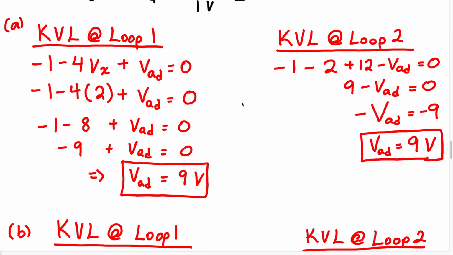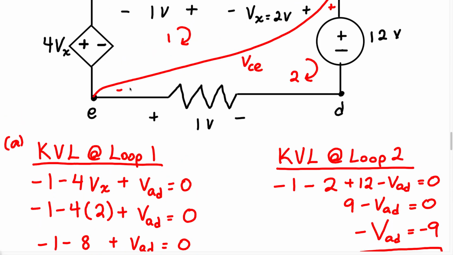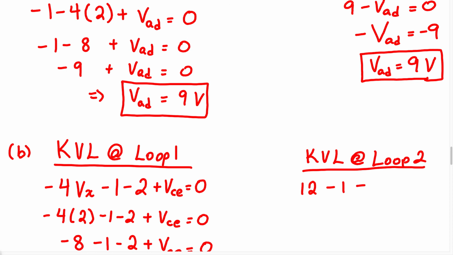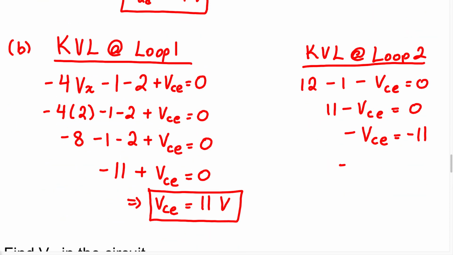But because we're entering the negative terminal, we're going to write it as minus 1. And we have minus VCE equals 0. So we can write this now as 11 minus VCE equals 0. You have negative VCE equals negative 11. Therefore, we can say the voltage across the terminals C and E equals a positive 11 volts.